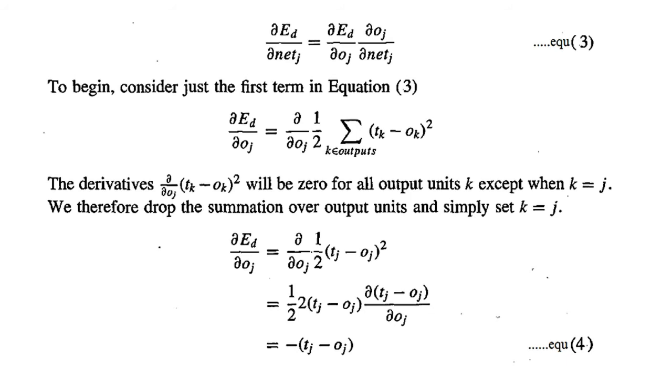The derivative of error with respect to o_j is equal to the derivative of half of (t_j minus o_j) squared with respect to o_j. When we differentiate, we get minus (t_j minus o_j).